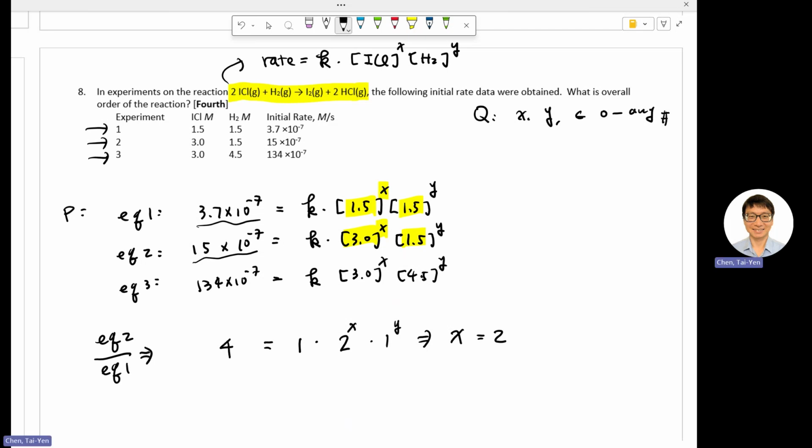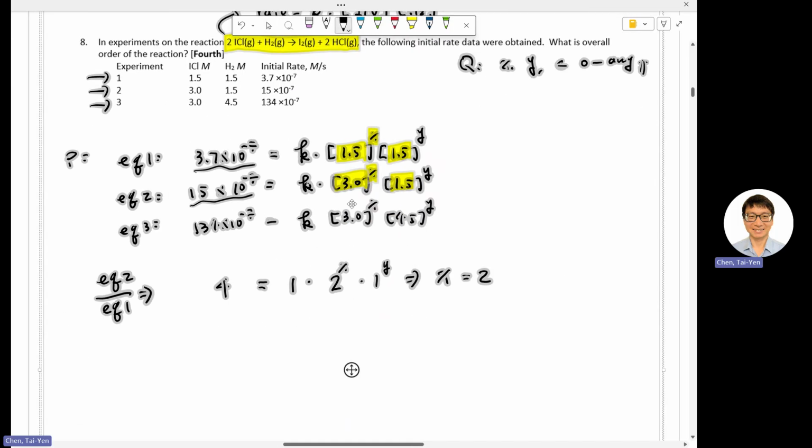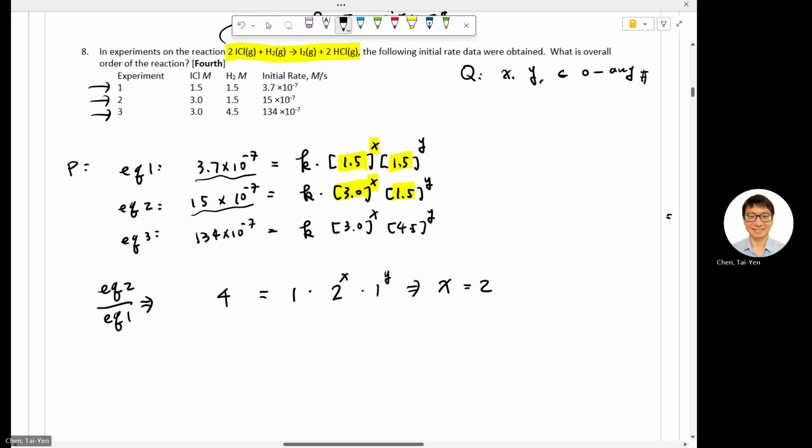You must get yourself familiar with all these calculations. Once you figure that out, the next thing is to figure out Y. To figure out Y, I keep the first term the same but the second term different. So I do equation 3 over equation 2.